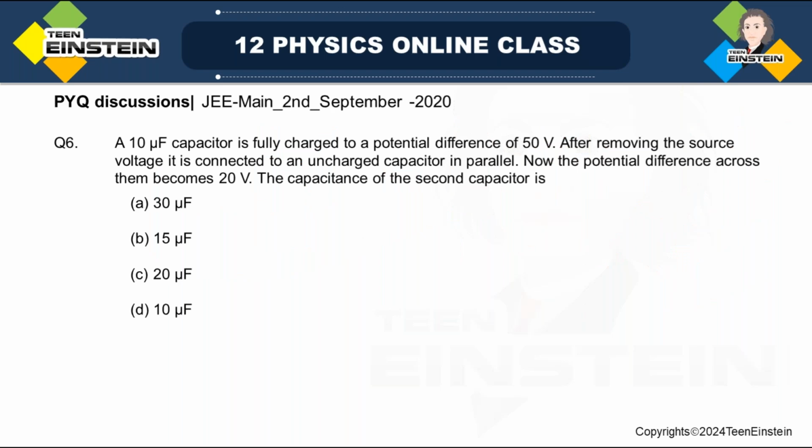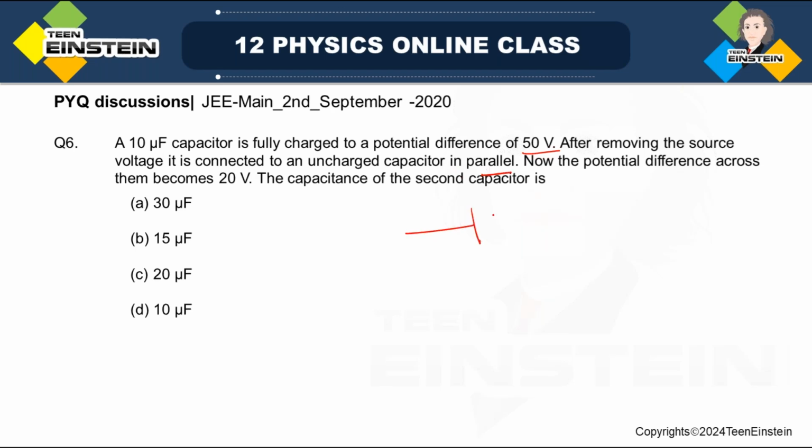Okay, now the sixth problem says a 10 microfarad capacitor is fully charged to a potential difference of 50 volt. After removing the source voltage, it is connected to an uncharged capacitor in parallel.